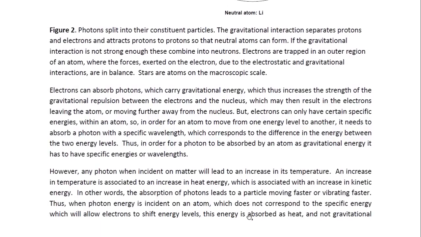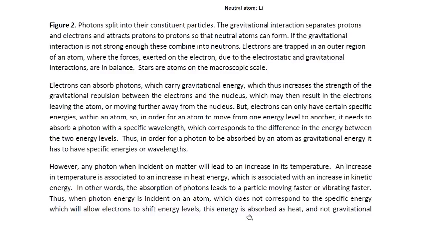Thus, in order for a photon to be absorbed by an atom as gravitational energy, it has to have specific energies or wavelengths. However, any photon, when incident on matter, will lead to an increase in its temperature. An increase in temperature is associated with an increase in heat energy, which is associated with an increase in kinetic energy. In other words, the absorption of photons leads to a particle moving faster or vibrating faster.